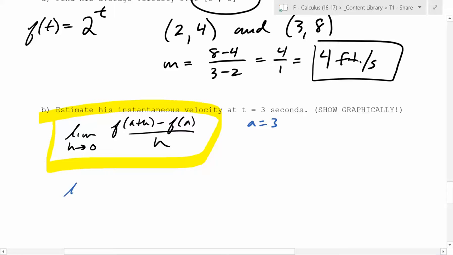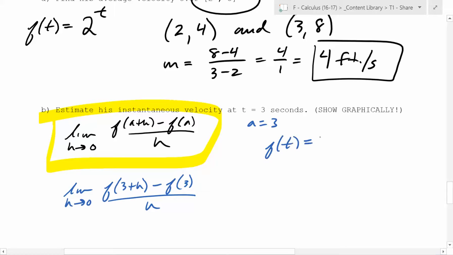So we have the limit as h goes to 0 of f of 3 plus h minus f of 3 all over h. Now what is our f of t? 2 to the t. So where do we plug that 3 plus h into?